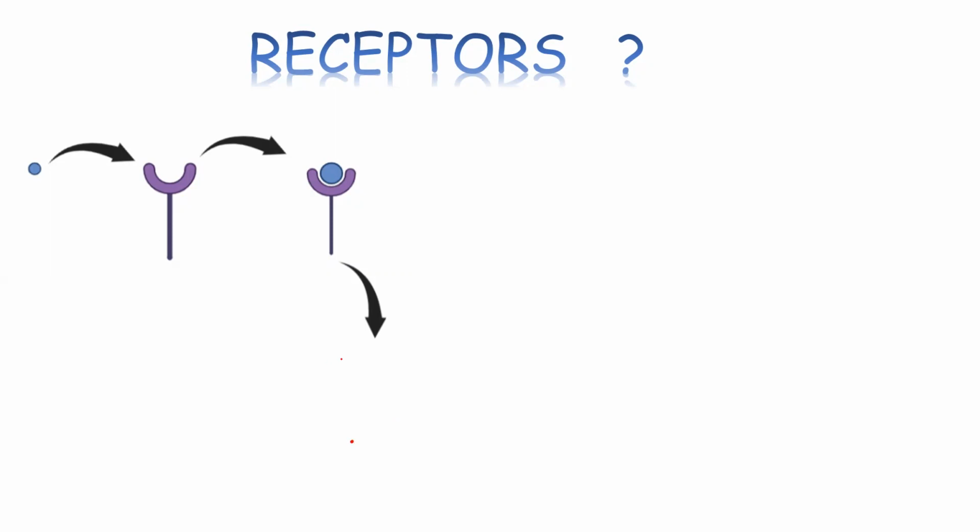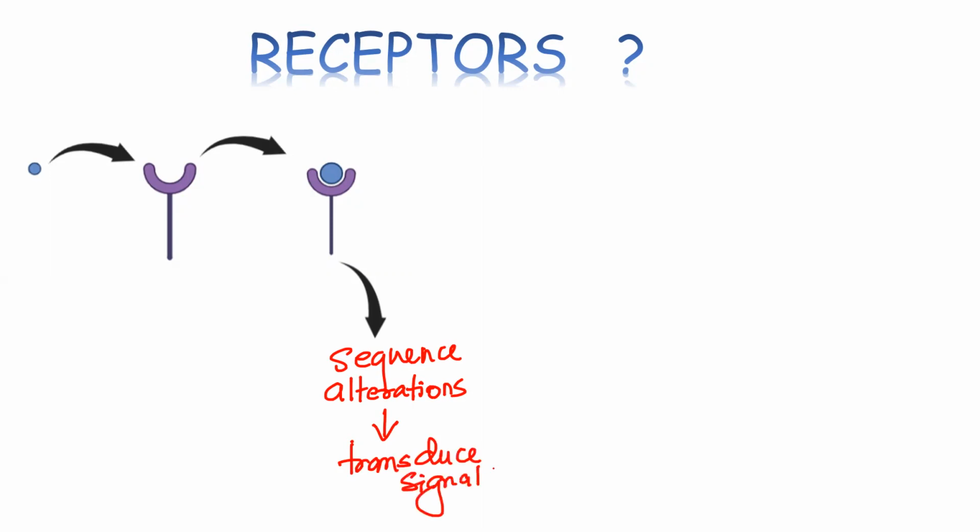This cascade leads to a sequence of changes, or alterations, in the receptor, which further transduce the signals required for performing cellular functions. So that's the basic idea of a receptor: something binds to it and it starts acting like a messenger, or at least activates some other messenger.